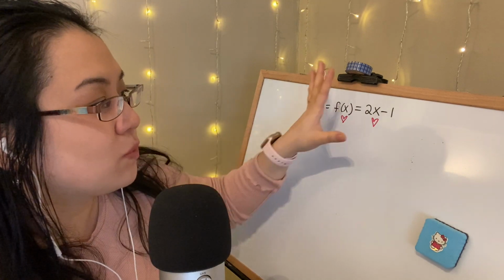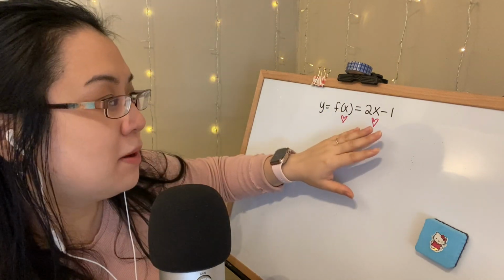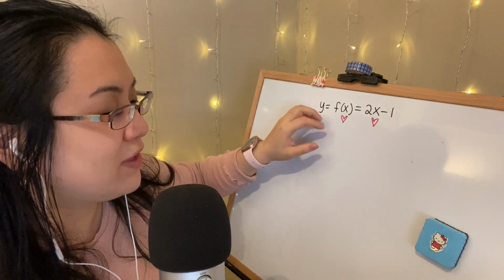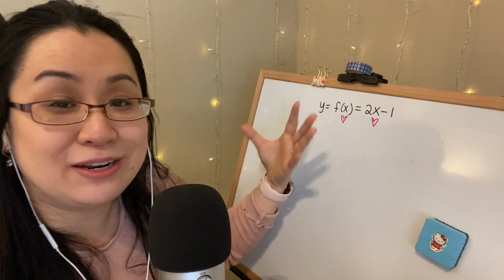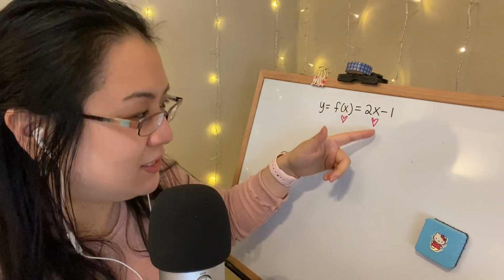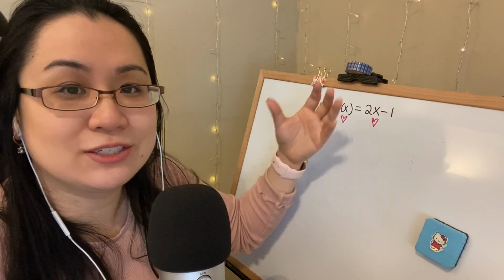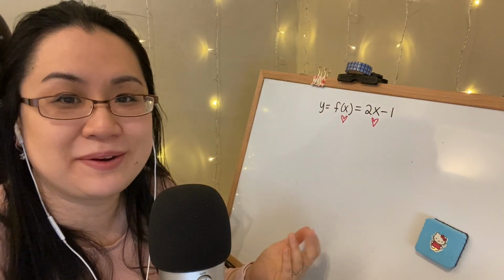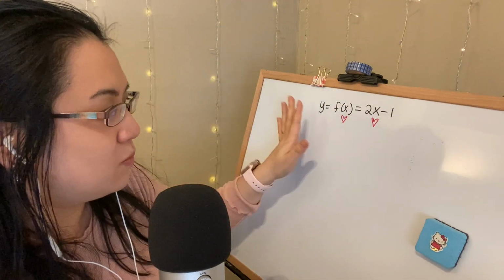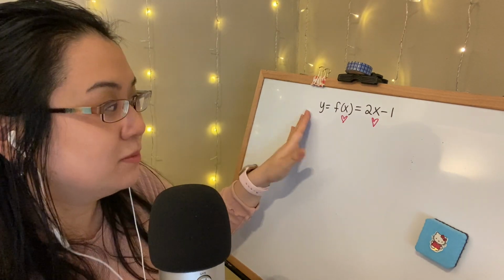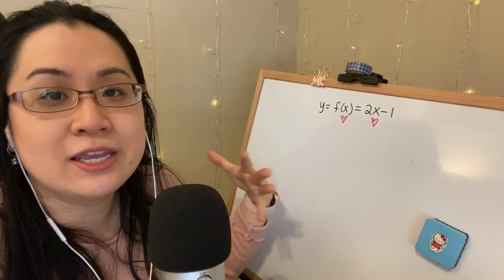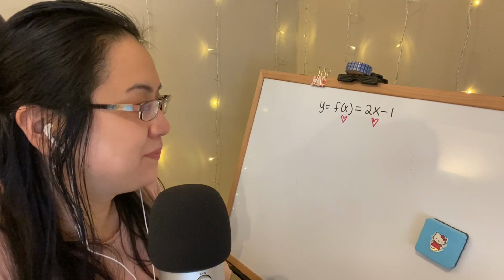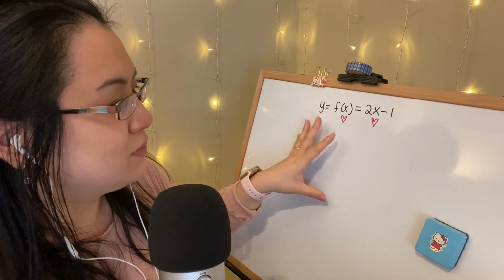And then once I set that input, my output, my y value, is completely dependent on that because it takes that thing and then does stuff with it. So times 2 and then minus 1. Okay, so y is my dependent variable, x here is my independent variable. So that's it.